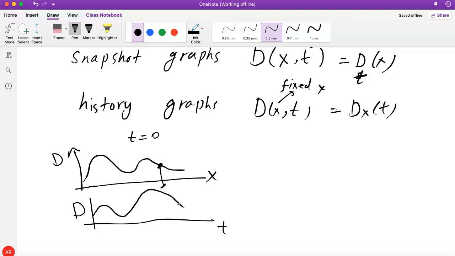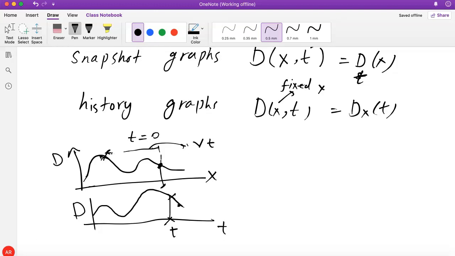So if we pick a particular point, let's say that's t, it comes from a point on this graph that's some distance away from this point, right? So the displacement here at time t will be the displacement a distance x back, which is given by x minus v times t, right?